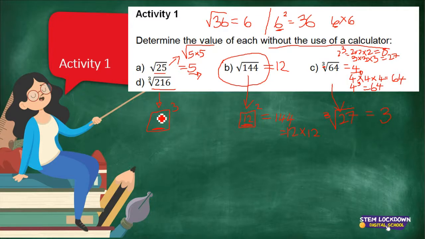Okay, in this case, just to simplify your life, you can use a calculator to see which number multiplies by itself 3 times, 1, 2, 3, to give you 216.